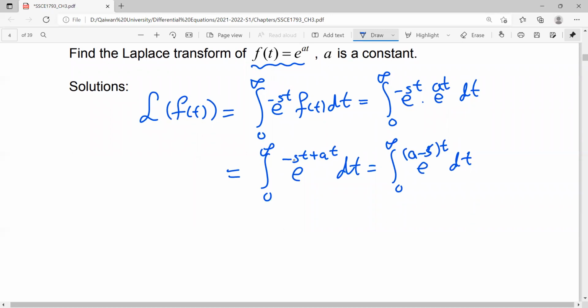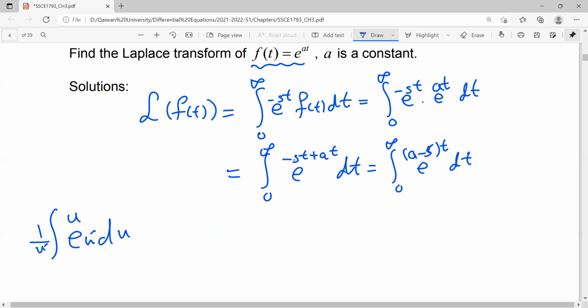The integration of e to the power u du: we must have the derivative of the exponent, then we can find its integration. It means we must have u prime. When we multiply by u prime, we have 1 over u prime, so it equals 1 over u prime times e to the power u. That's all. It's the same exponential function.